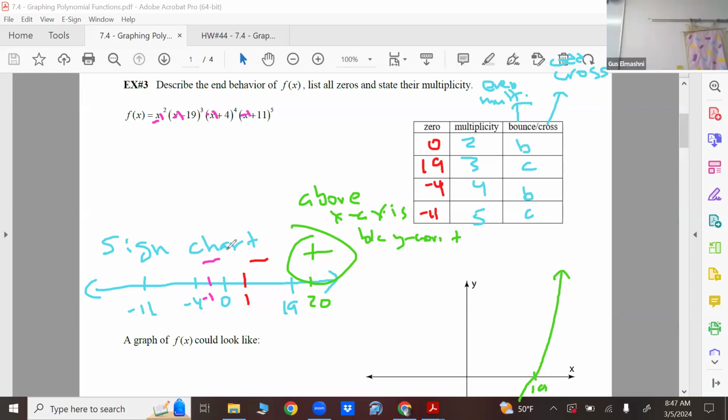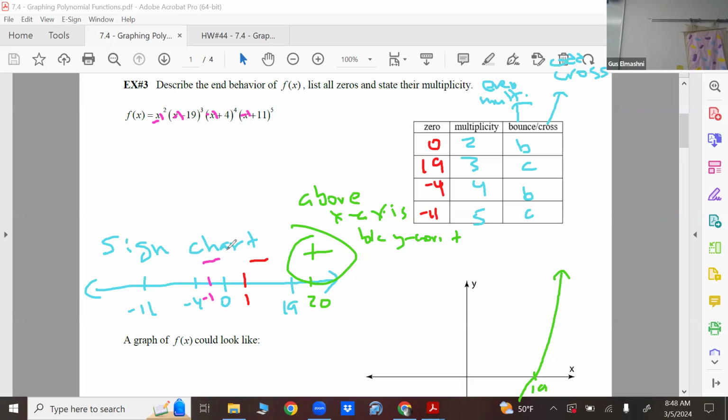No. There's no sign change at 0, and that's why we bounce. Before I get to 0, the graph's below the x-axis. After I pass 0, it is still below the x-axis. It's never going to pass through the x-axis at 0 because of that even exponent.